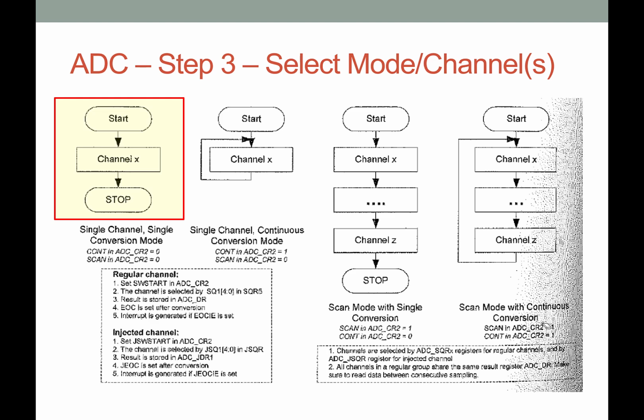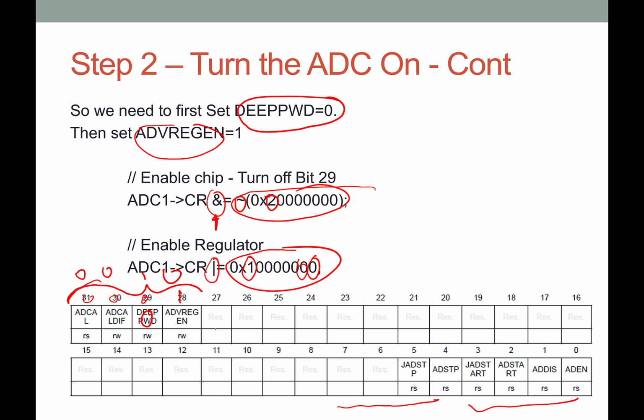So here are the injected channels that we don't really have to worry about, since we're not doing that here. But if we're going to do this for a regular channel, we're going to set the start for this conversion.